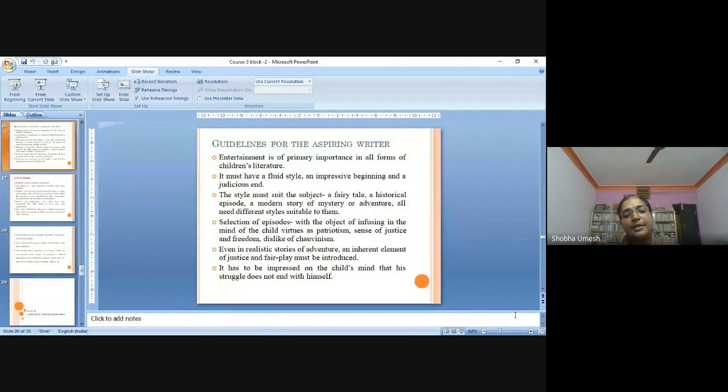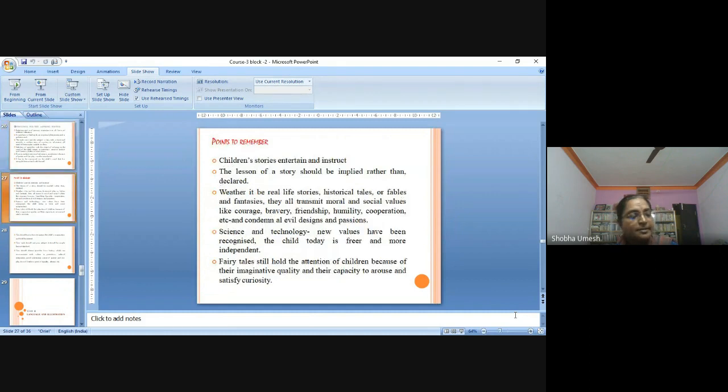So it has to be impressed on the child's mind that his struggle does not end with himself. So there you should show that the struggle is not going to end within himself. It is even the struggle of some other human being in the world. In such a way you should end the story.